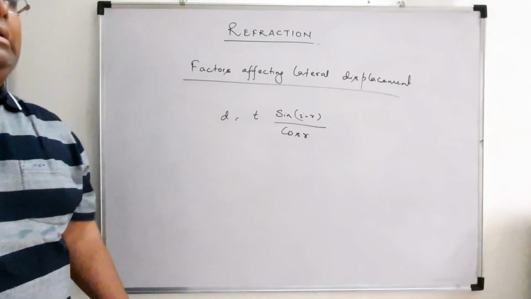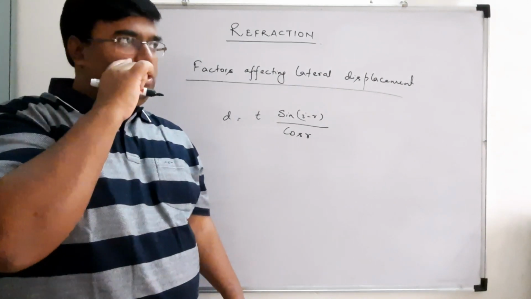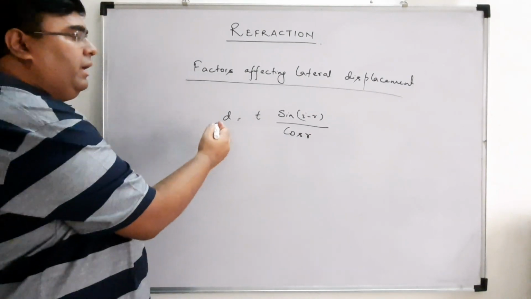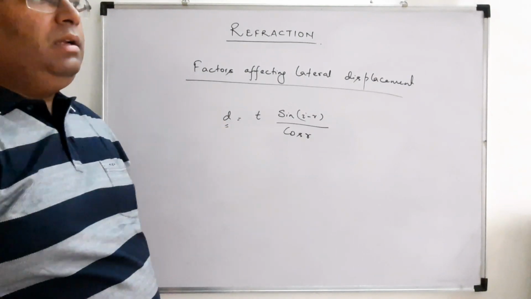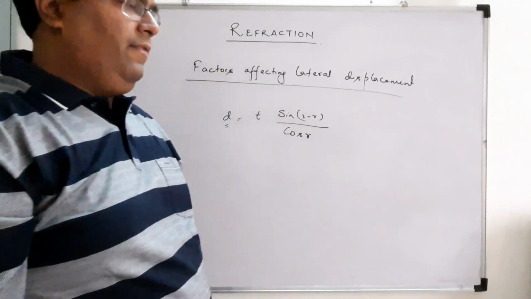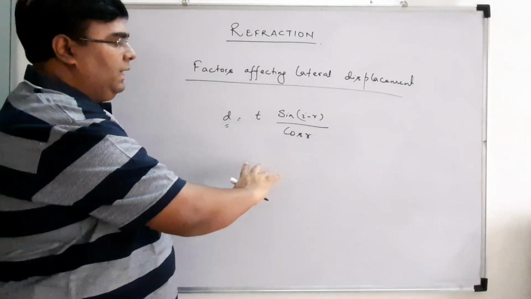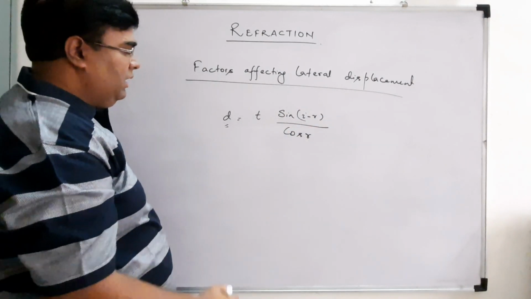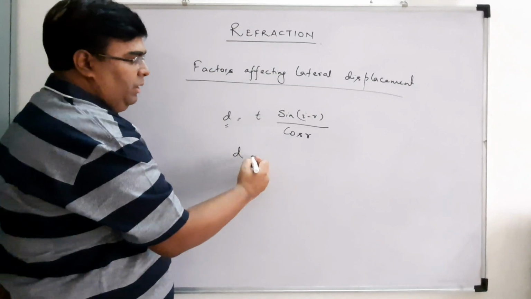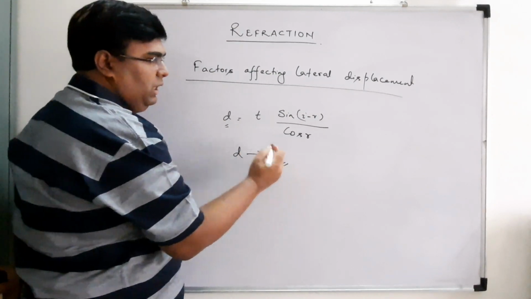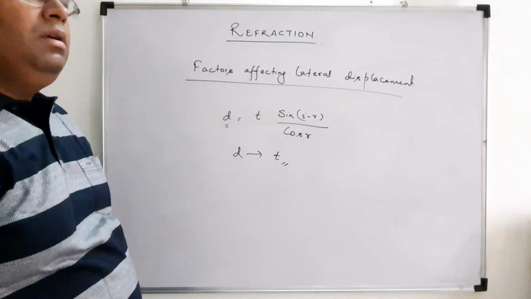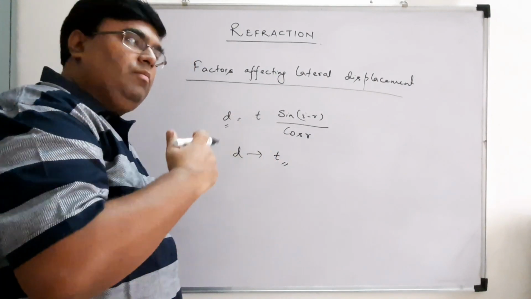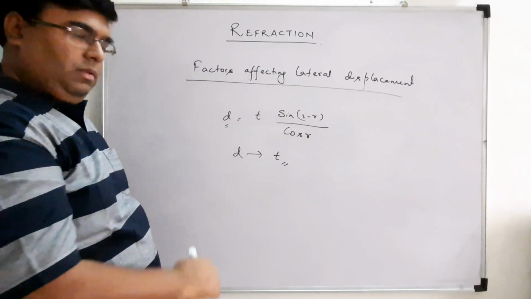Okay, let us understand what factors affect the lateral displacement. Means how much lateral displacement we get depends on which factors. So we know the formula now, that it is T sine of I minus R upon cos R. So definitely my D is dependent on T, the thickness of the slab. If the thickness is more, the lateral displacement will be more. Got this point?